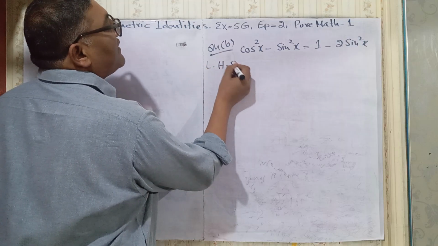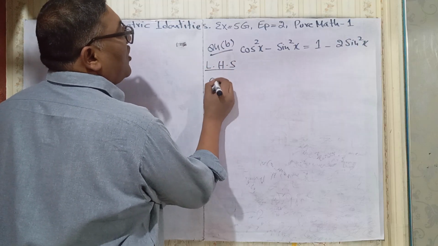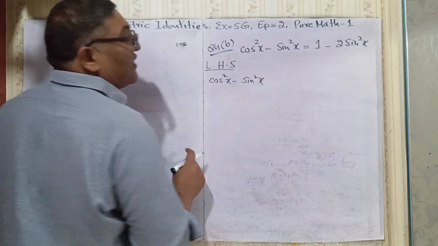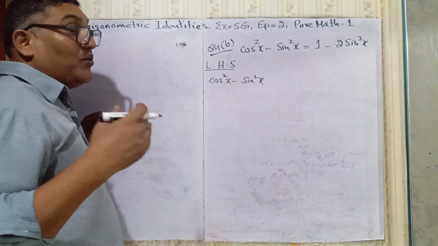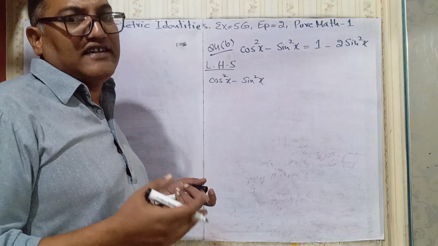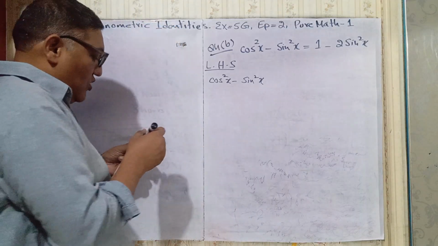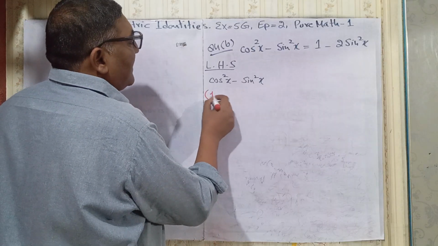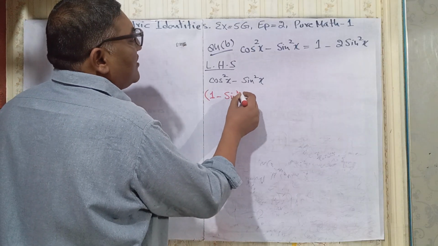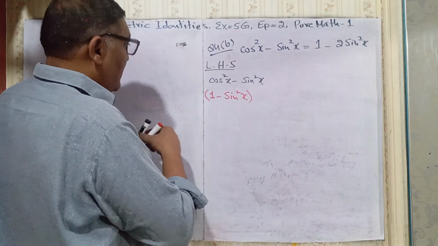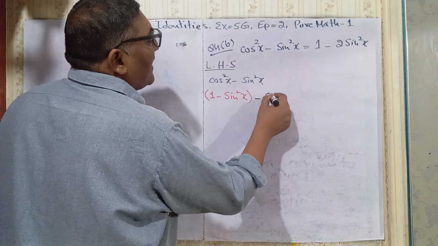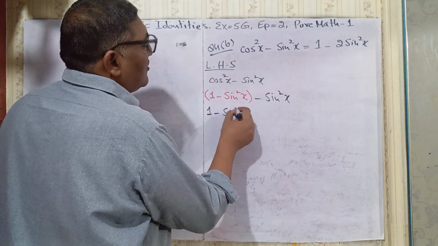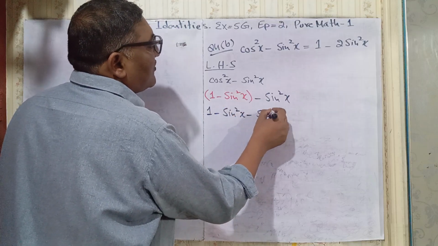So very simple, I will take the left hand side. The left hand side says cos square of the x minus sine square of the x. In the right hand side, we have the expression only in terms of the sine square x. So I need to get rid of this cos square x. So in the place of the cos square x, I can substitute 1 minus sine square x, and then you have minus sine square x, and this will become 1 minus sine square x minus sine square x.